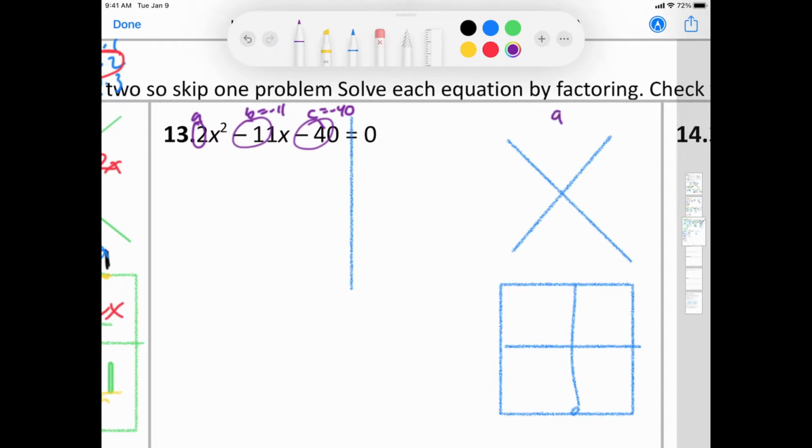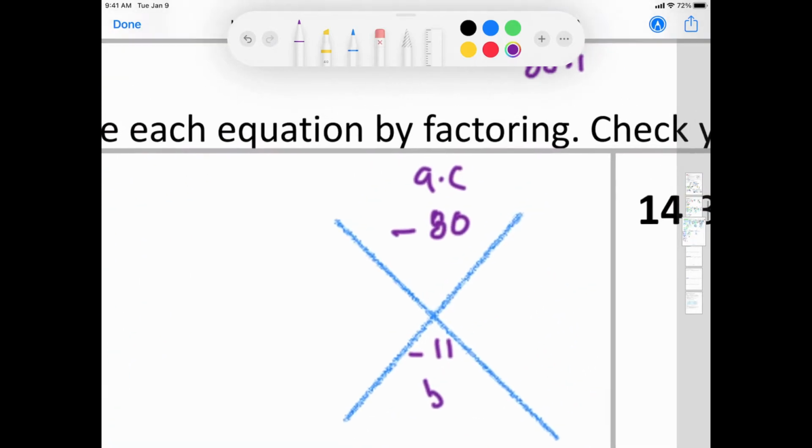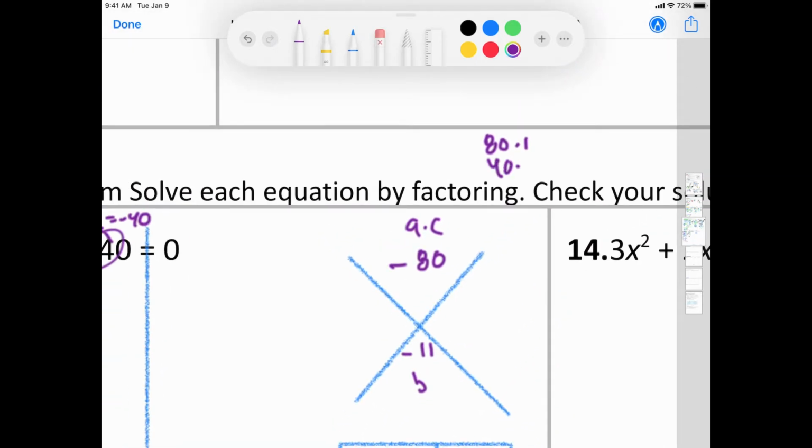A times C, so that would be 2 times negative 40 is negative 80. B value is negative 11. So let's write down the factors: 80 and 1, 40 and 2, 4 and 20, 5 and 16, 8 and 10 if you need it.